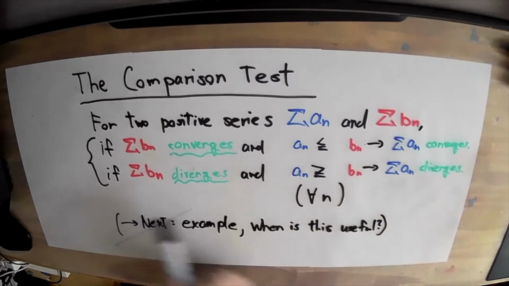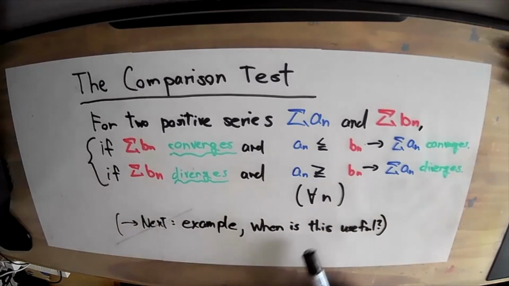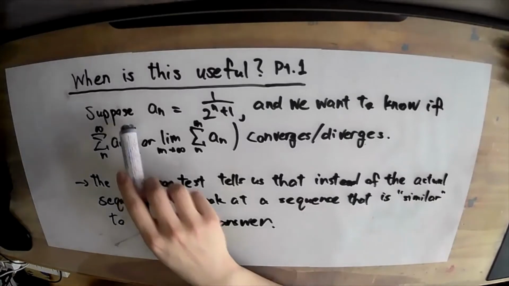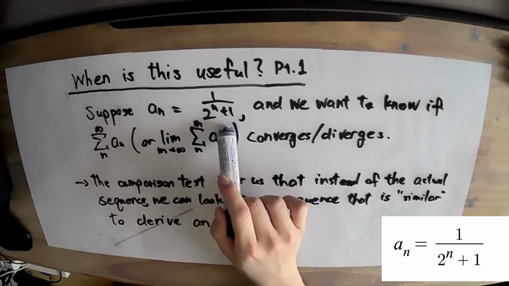So this idea itself is a little bit hard to understand just on paper. So next, let's look at some examples and see when this is actually useful. So when is this useful? Suppose we have a sequence where An is equal to 1 over 2 to the nth power plus 1.